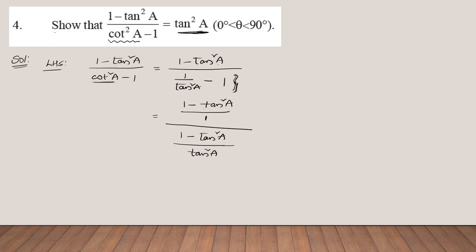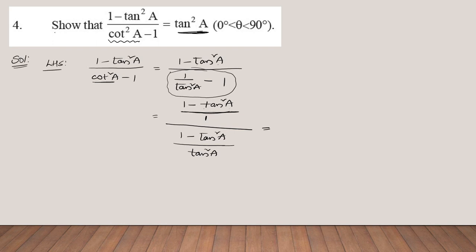I hope you have understood here. This particular denominator part will become a fraction. To avoid confusion, I am going to write the numerator as a fraction, 1 minus tan square a by 1.